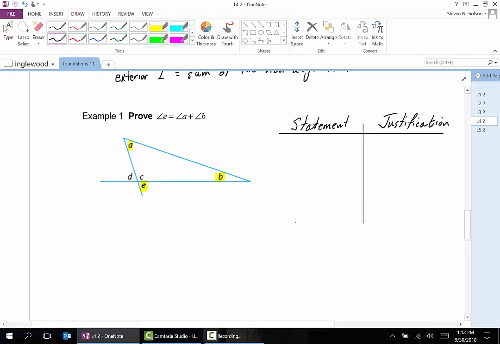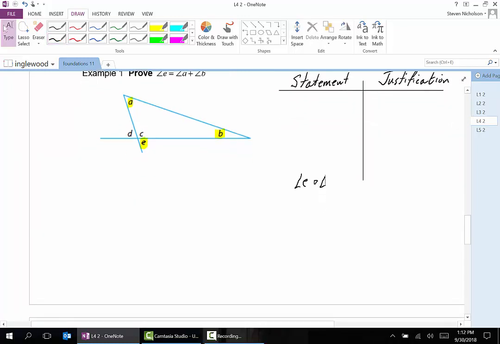Now remember, always think about where you're going. So here's what we want to say. We want to say that angle E equals angle A plus angle B. That's what we want to say. And as I said, maybe a place to start was angle A plus angle B plus angle C equals 180, and again, the sum of interior angles of a triangle.